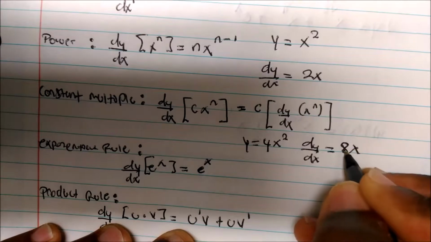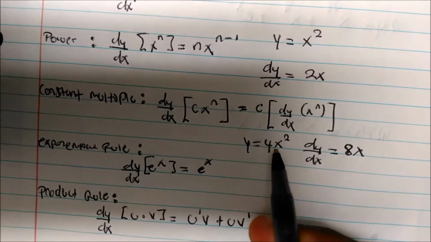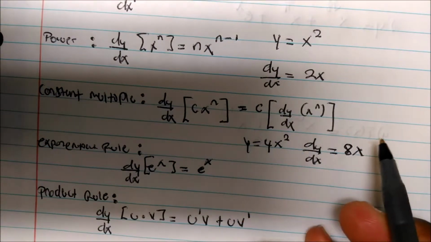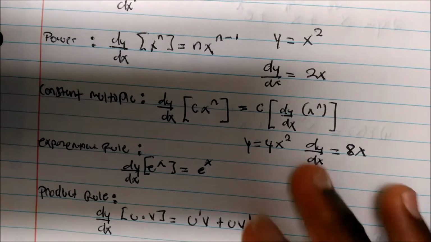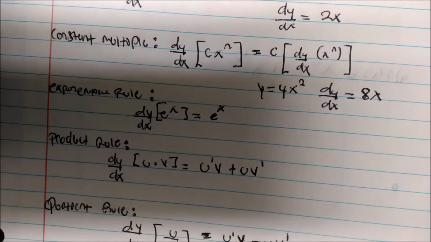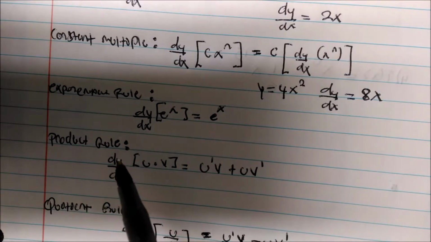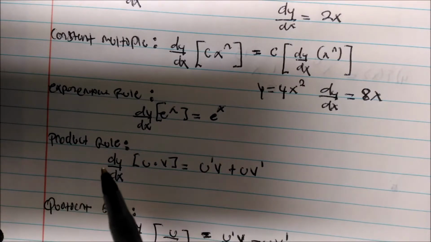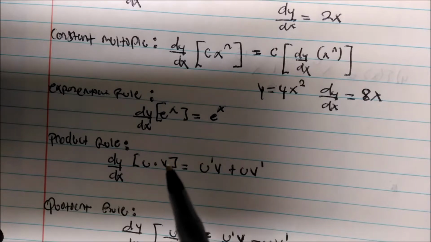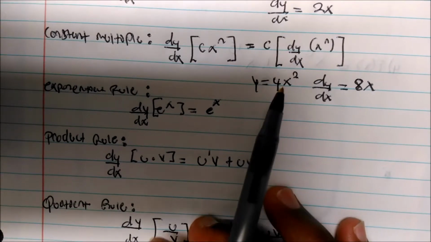Because you're going to bring down that 2, multiply by the constant outside, and take 1 minus that. Let's look at the exponential rule. Interesting. The derivative with respect to x of the exponential function e to the x is actually just e to the x. So that is just something handy to know.